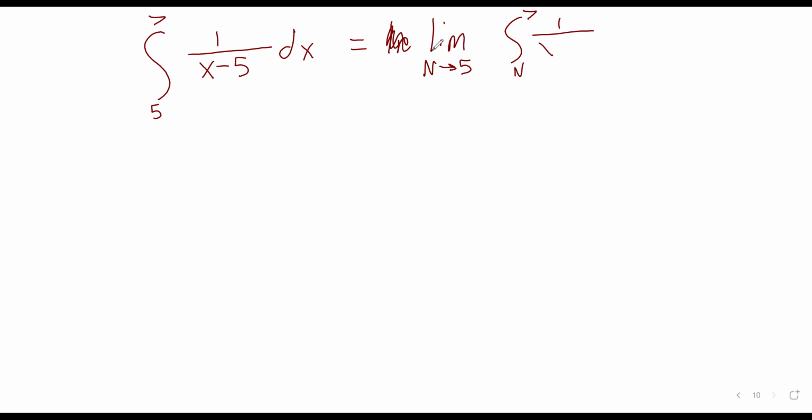I won't go through this problem in depth, but if we had something like that, it would be the limit as n approaches 5 of the integral from n to 7 of 1 over x minus 5 dx.